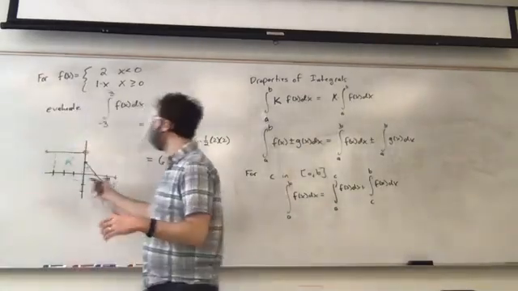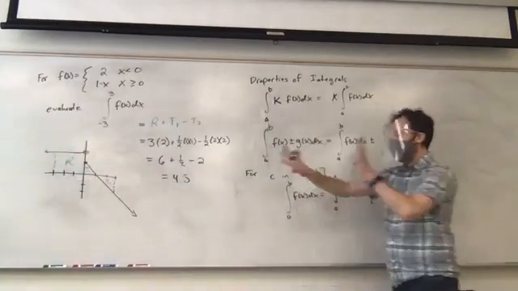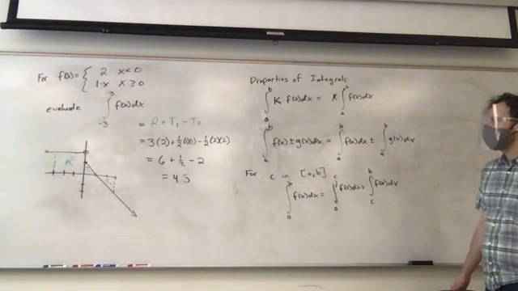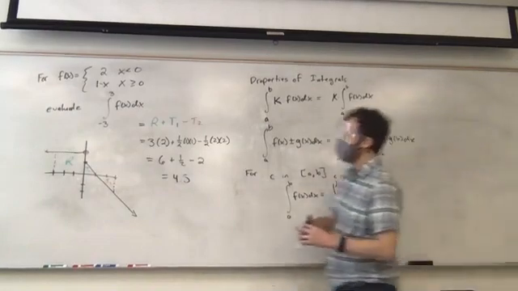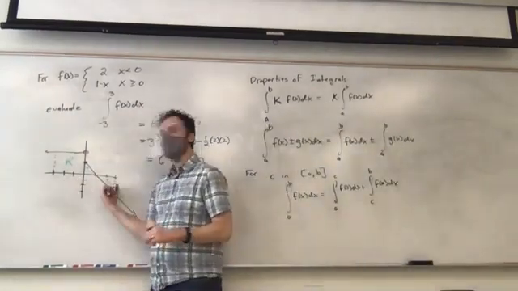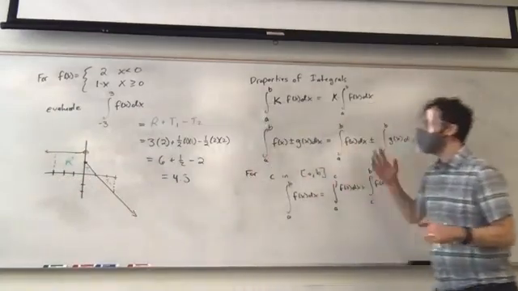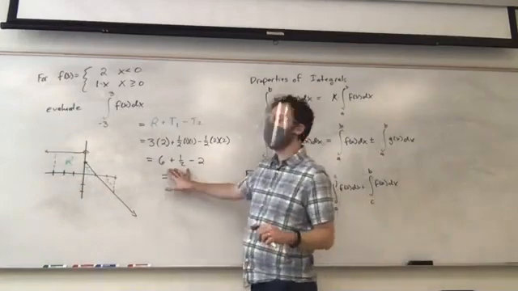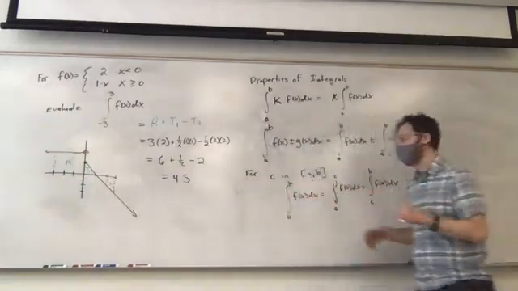We had this function and this interval that we're integrating over, broke it up into 3 smaller intervals, found the integral over each of those separately, and then put those integrals back together to get the total.